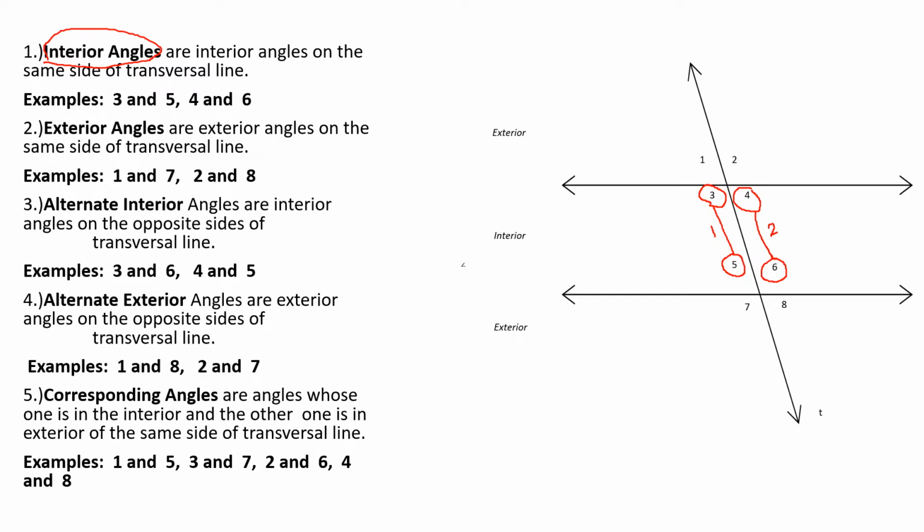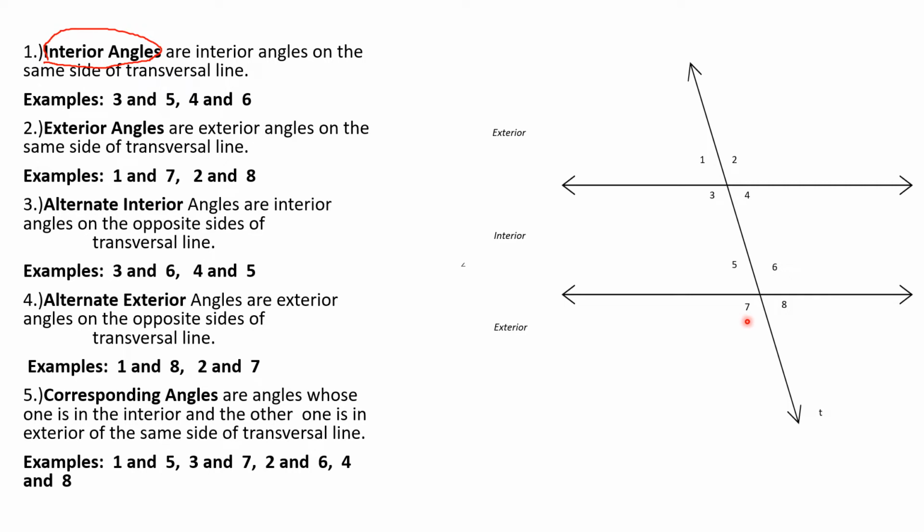Let us now proceed with our exterior angles. I'm going to delete it first. So exterior angles are exterior angles on the same side of a transversal line. Angles 1 and 2, and angles 7 and 8 are our exterior angles.